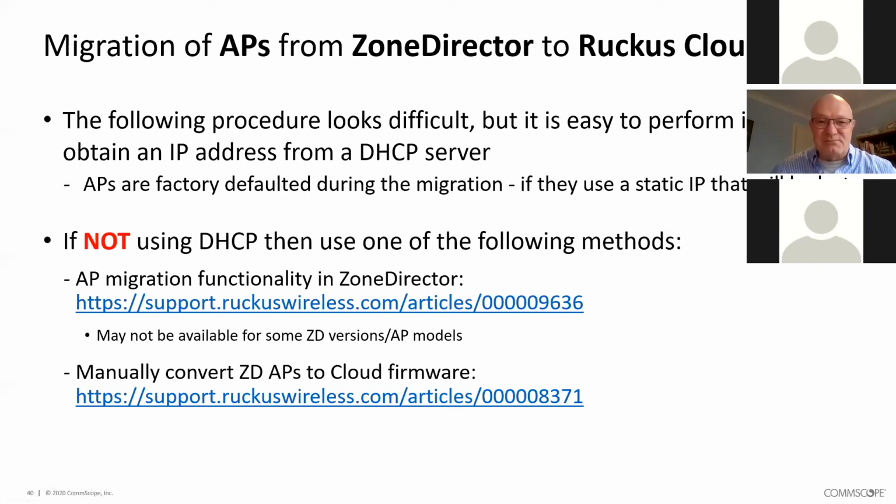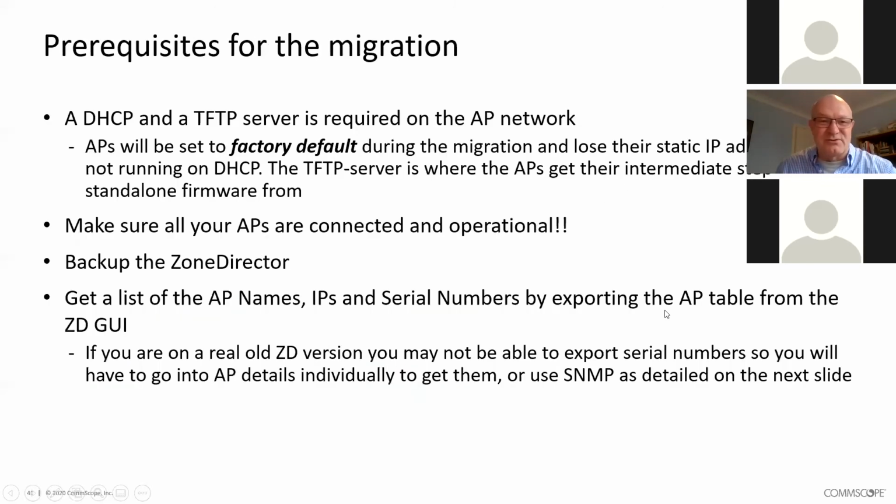We need that for this particular process, to get those access points factory defaulted, and they should then get their IP address from DHCP locally on the site. There are other processes available if you haven't got DHCP servers or you want to do the whole process manually, but this is the easiest process to follow through.